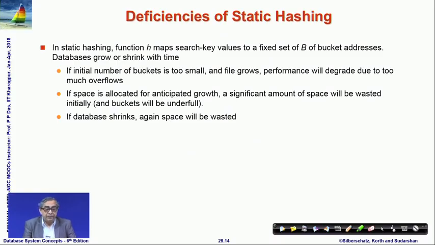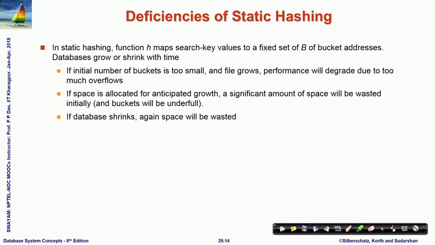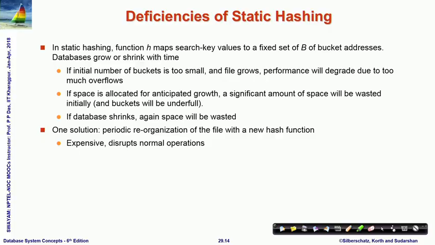On the other hand, if you take too large a B, then you will unnecessarily allocate a lot of space anticipating growth, but it may take a significant amount of time to utilize that space. Also, it is possible that the database at a certain point of time grew to a large size and then started shrinking, and then again space will get wasted. So, static hashing has these limitations.